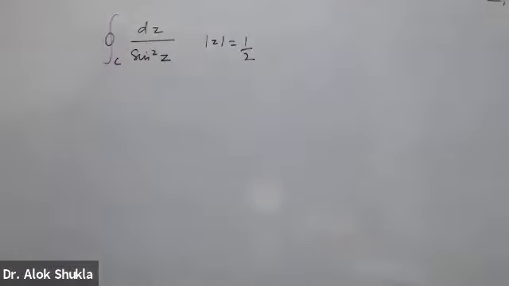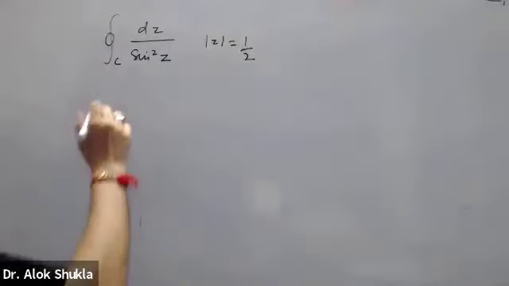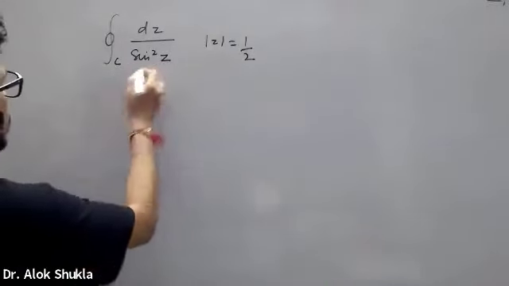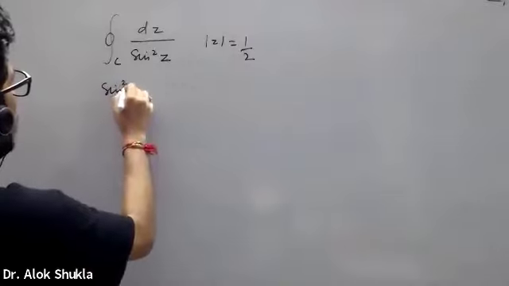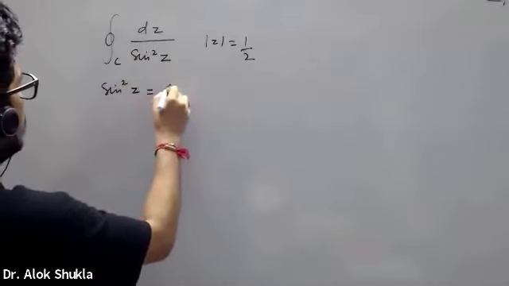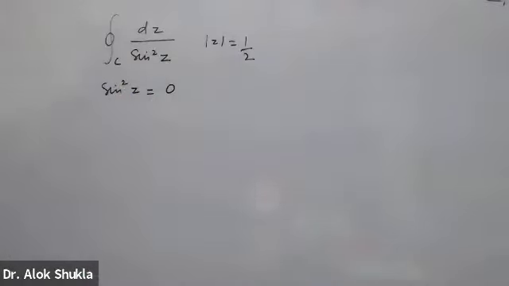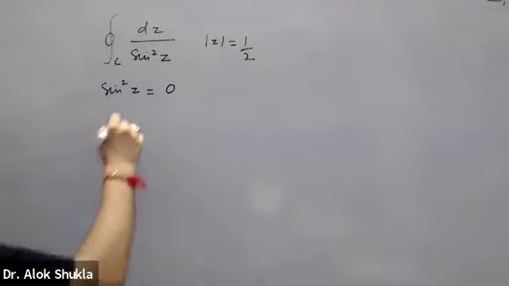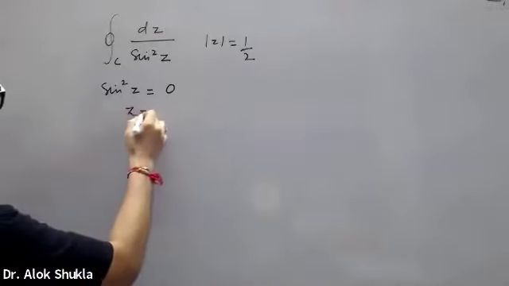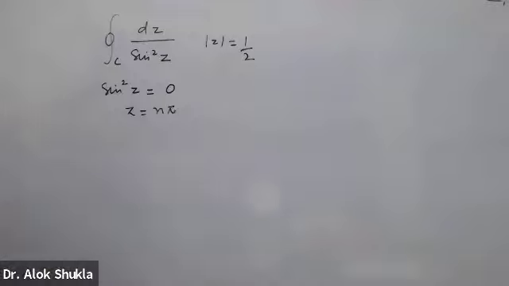Okay, now for poles or singularities you will put sine square z is equal to 0, and that answer will be z is equal to n pi.